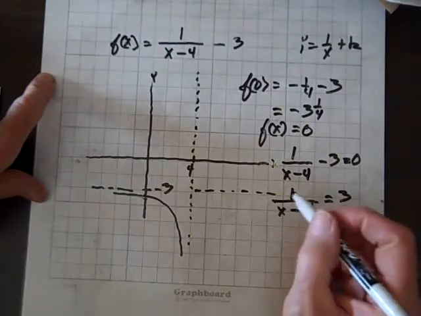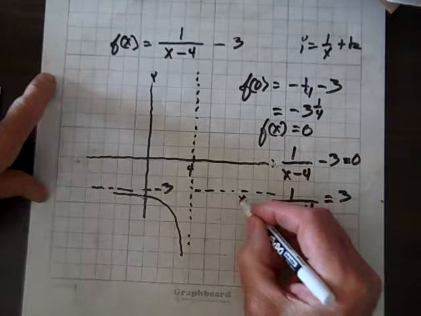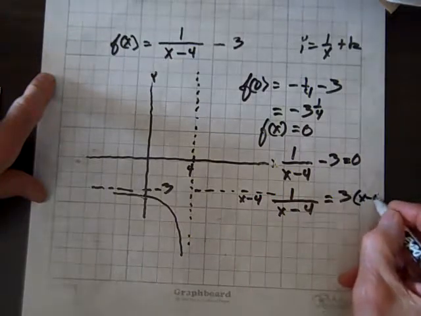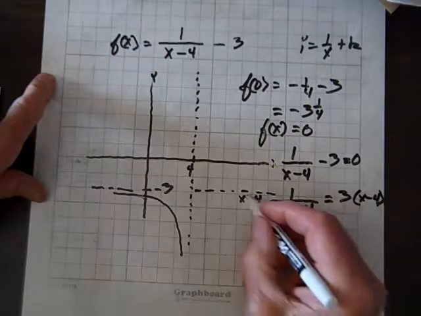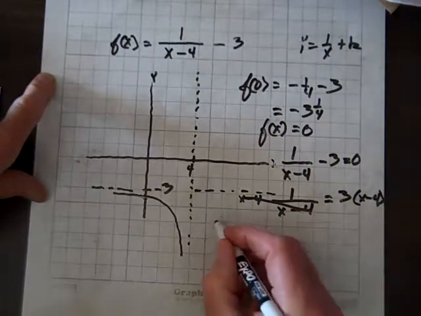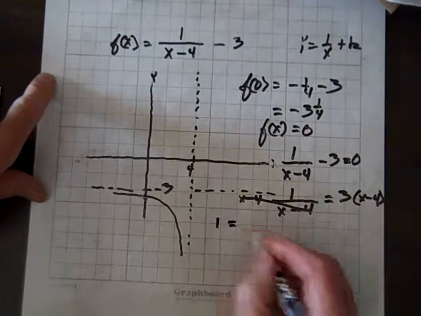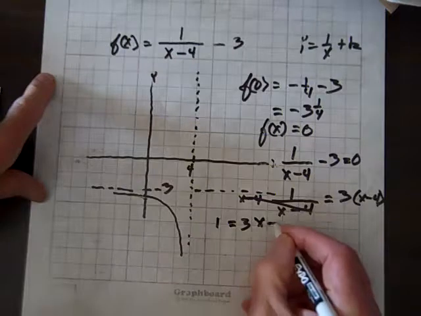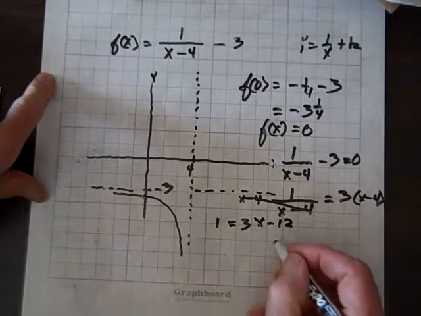Now if I multiply both sides by x minus 4, these divide out, and we get 1 equals 3x minus 12.